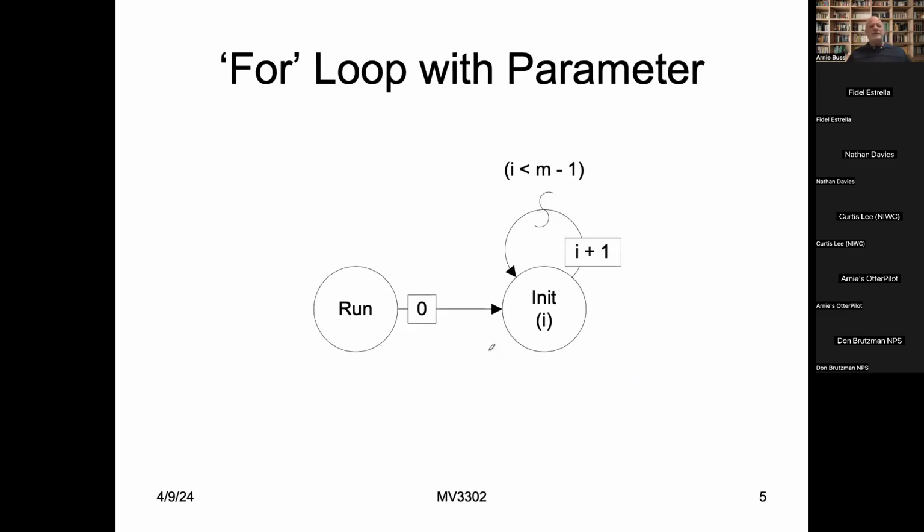Okay, so now here's a cute little thing that you can do. The guy who came up with this was back in the early 80s, when these were first invented. He was very much a minimalist. So one of the things not included in event graph methodology is a for loop.